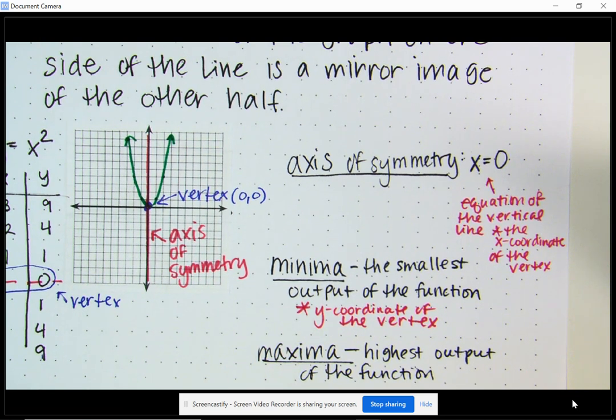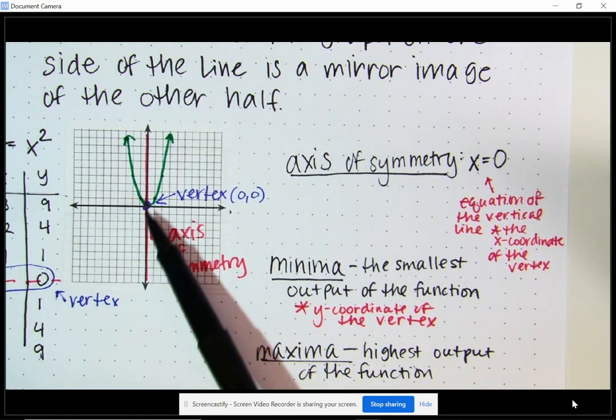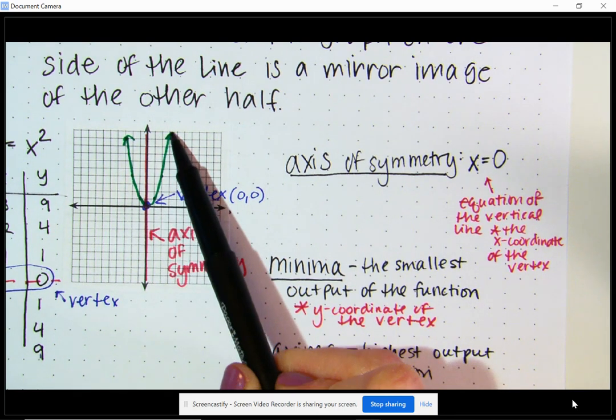Now, in this case of the parabola I have here, the highest output is going to be infinity, right? Because my parabola is going to go on forever.